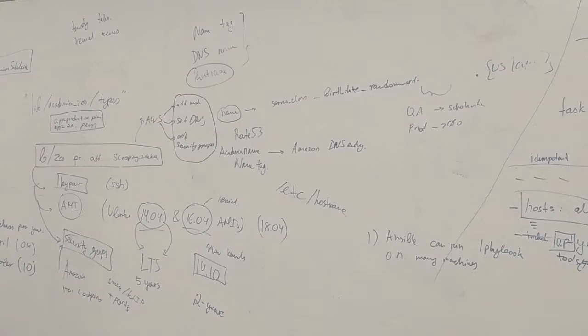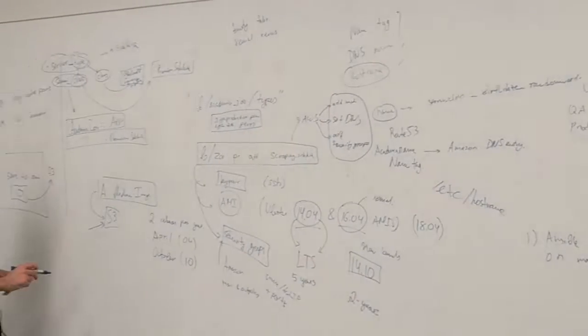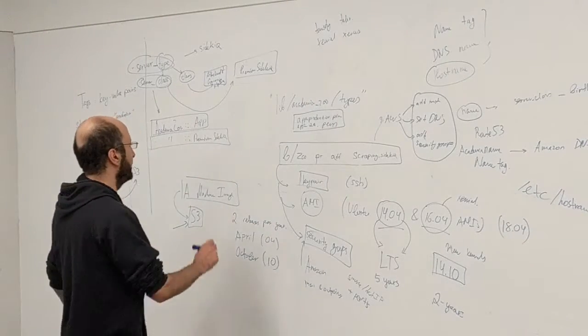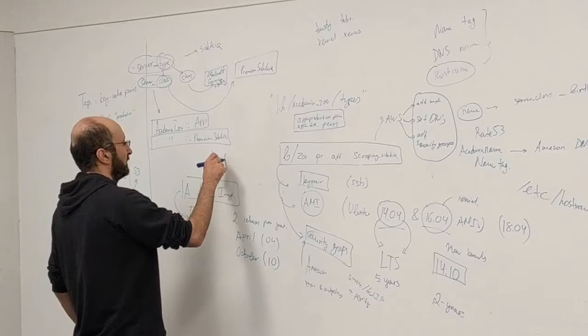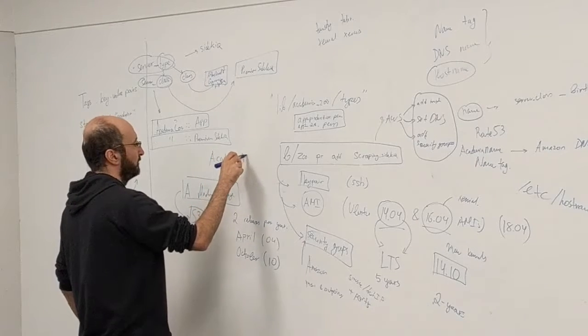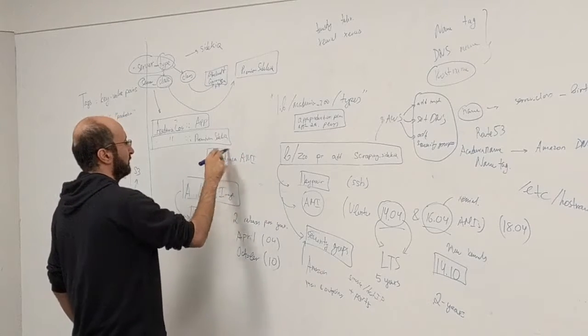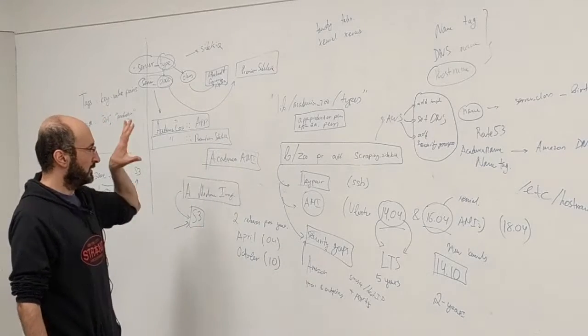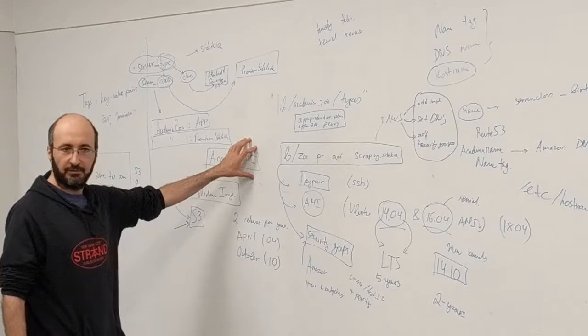So one solution to this would be, why don't we just have an AMI that is an Academia AMI rather than an Ubuntu AMI? Why don't we just create a new one? And as soon as it comes up, it already has our code on it.